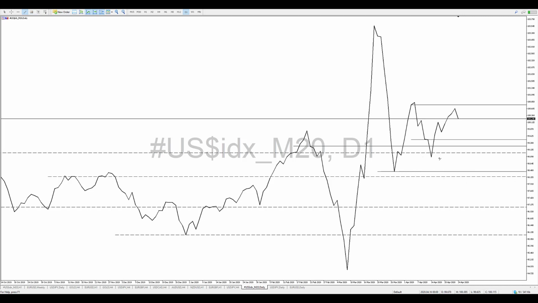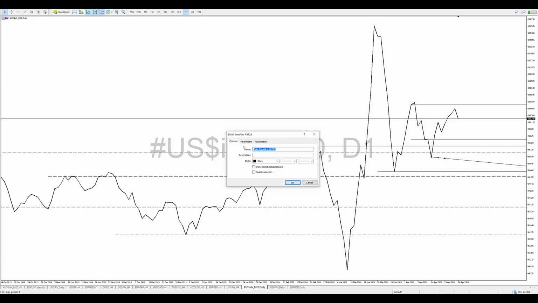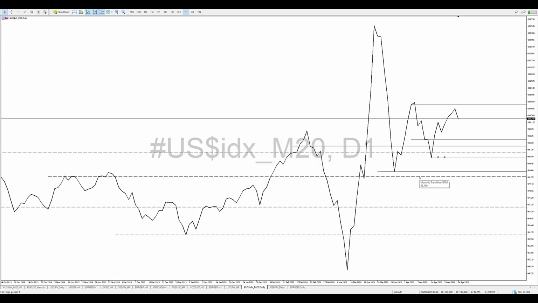Right, we've got this level here. This is a very interesting level here. Every time I mark a zone, I make sure the line extends to the end, it's a ray, at the same price point, so that it's not a trend line.